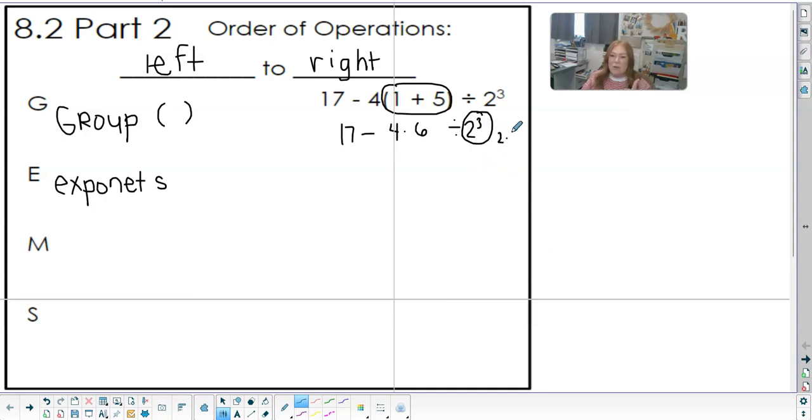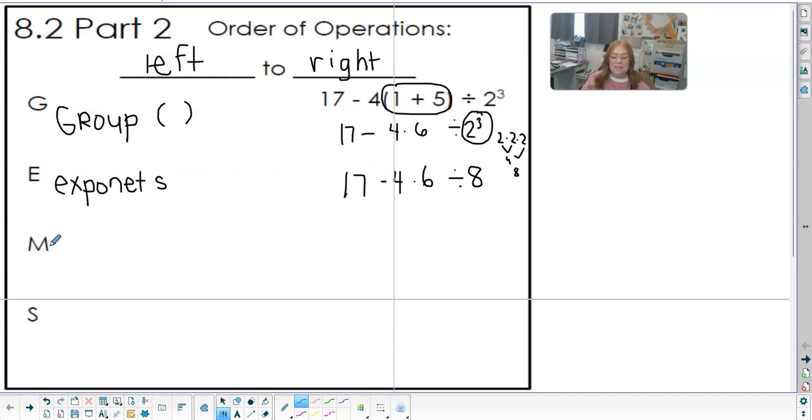That means 2 times 2 times 2. So 2 times 2 is 4 times 2 is 8. It's not 2, 4, 6. It is 2 times 2 times 2. So we did that. And now we're going to bring everything else down. Times 4 and minus 17. Okay, we don't have any more exponents.